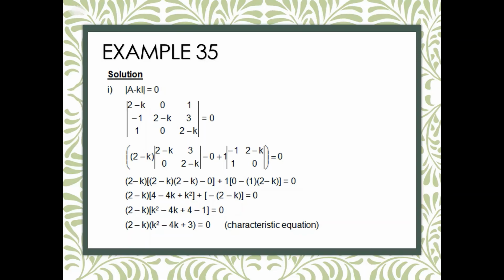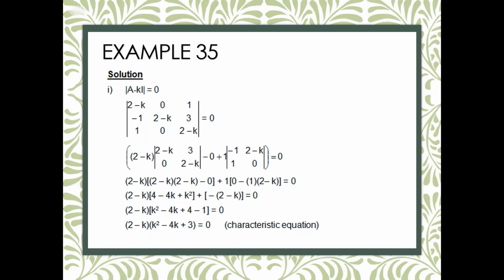To solve the k value, it is easier if you can factorize the common factor instead of expand the whole equation. By moving the factor 2 minus k to the front and simplify, you will obtain k squared minus 4k plus 3 as the remaining expression.